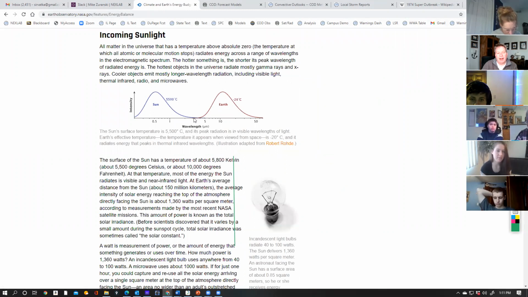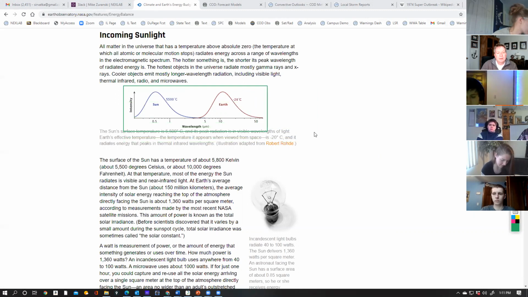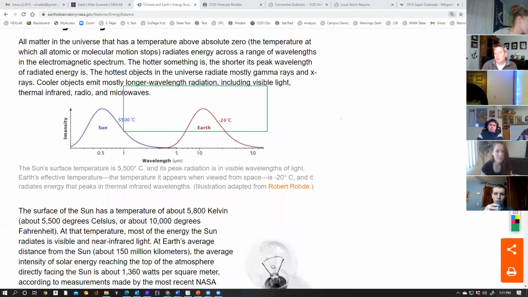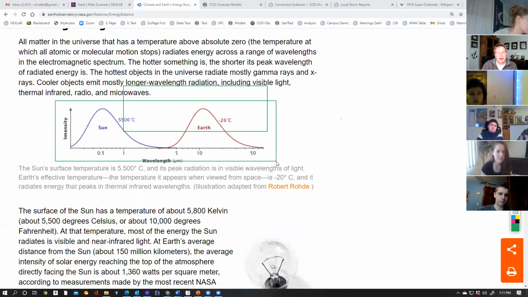What is this graph that I'm showing you? What is this? Could you make it bigger? This graph. You know what this graph is.